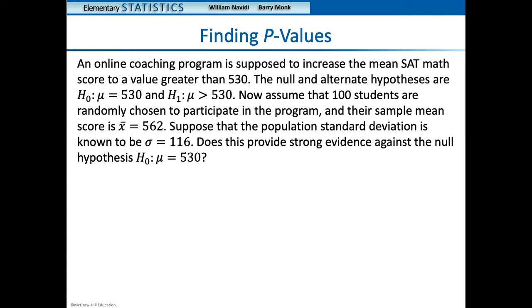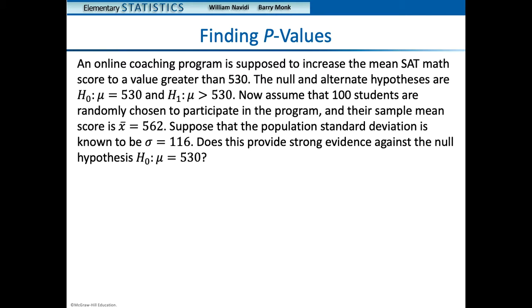And the question here is, suppose that the population standard deviation is known to be sigma equals 116. Does this provide strong evidence against the null hypothesis? The null hypothesis is the assumption that the population mean is equal to 530. And we obtained a sample mean of 562.